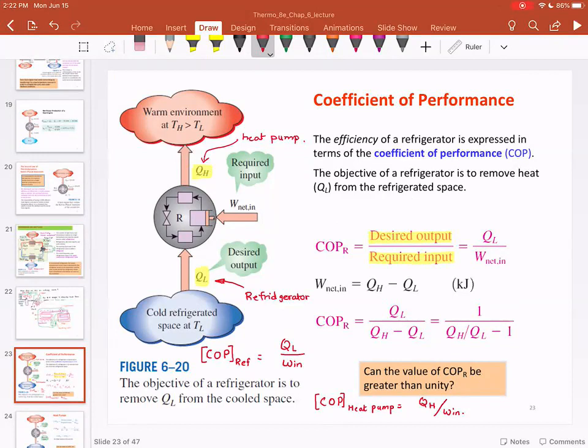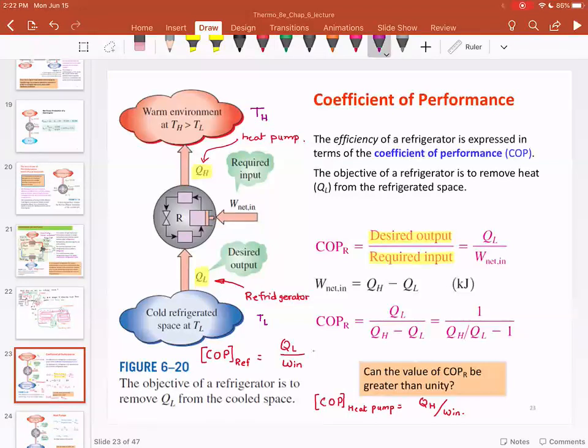Now again, using the concept of source and sink, TH is the temperature of my high temperature sink, and TL is the temperature of my low temperature source.